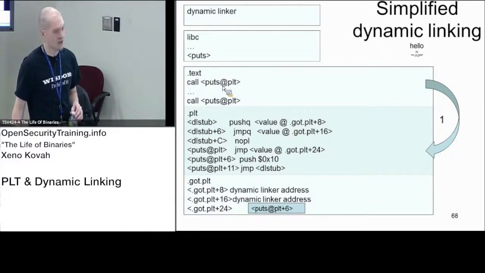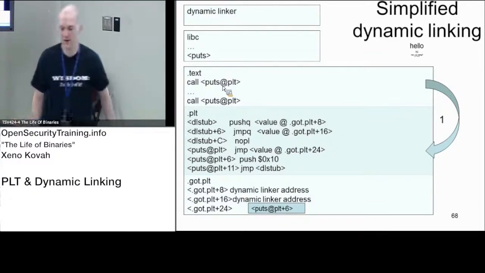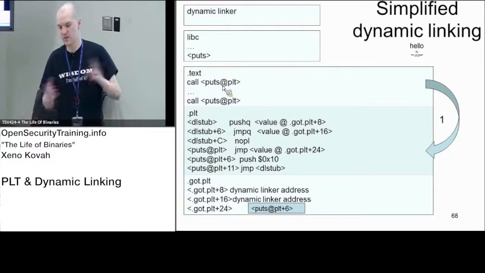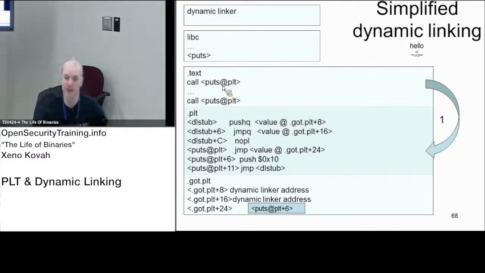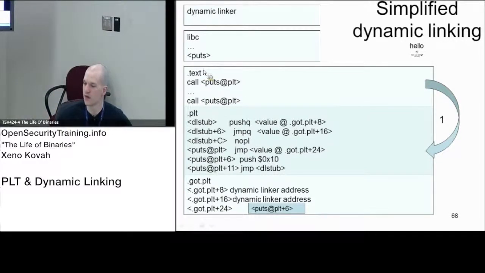So the PLT looks like the stub, and the .got.plt is going to be the actual delay load import address table. So you're running along happily in your hello2. You hit the first printf, call puts@plt. This is in AT&T syntax assembly rather than Intel syntax.